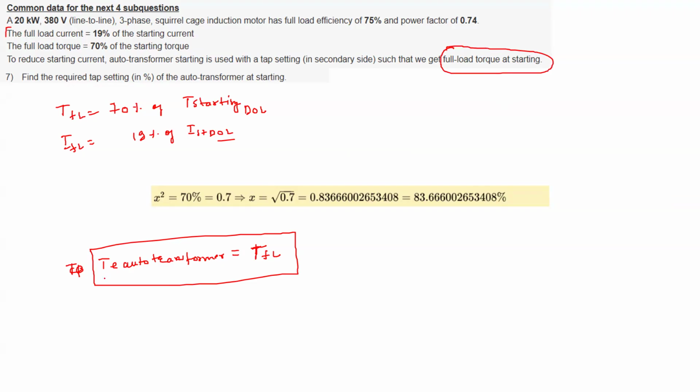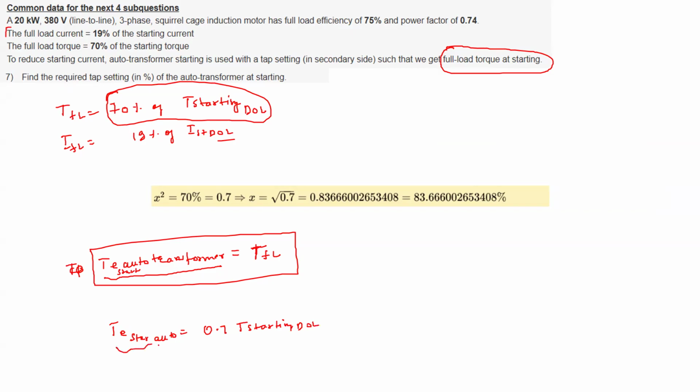So by using the auto transformer method, T starting auto transformer is T full load. What is this T full load? It is 70% of the T starting DOL. Now they're asking what should be the tap ratio of the auto transformer at starting.